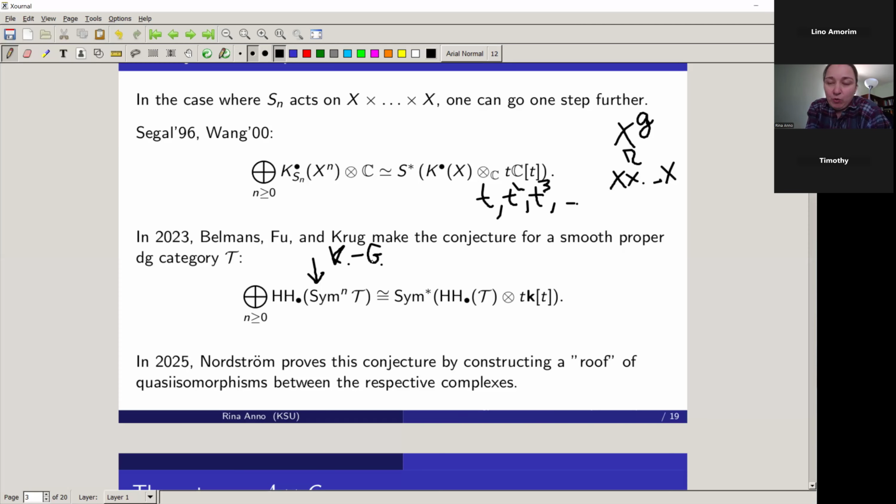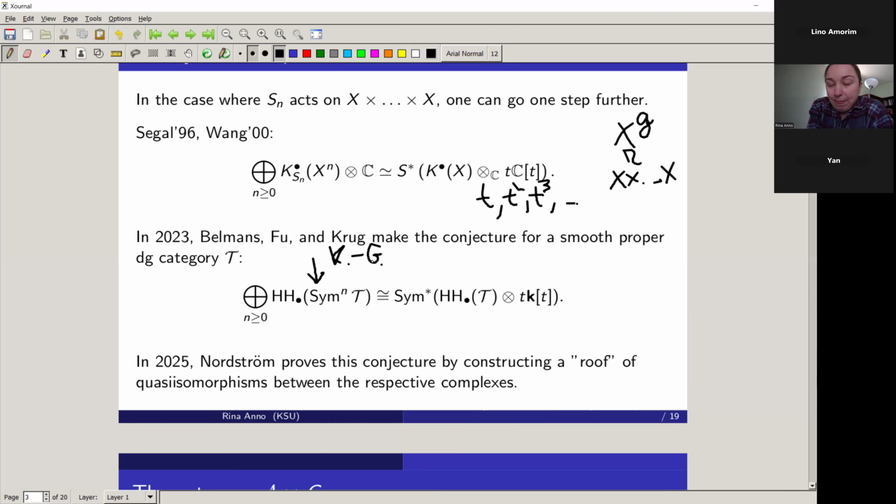So they were two parallel works that finished, unaware of each other, neck and neck. Nordstrom proved this conjecture by constructing a roof of quasi-isomorphisms between the complexes. The difference between our approach and his is that we basically brute forced it with low technology, and we have an explicit isomorphism between Hochschild complexes.